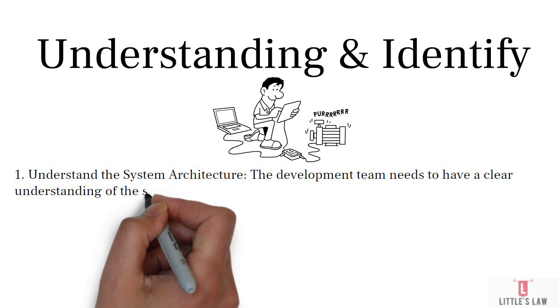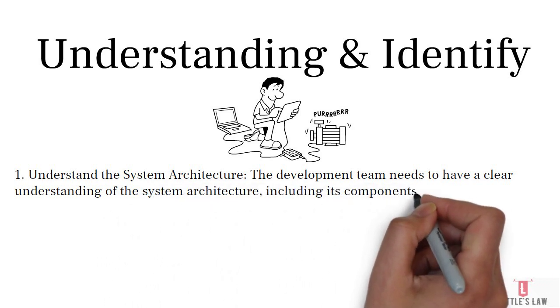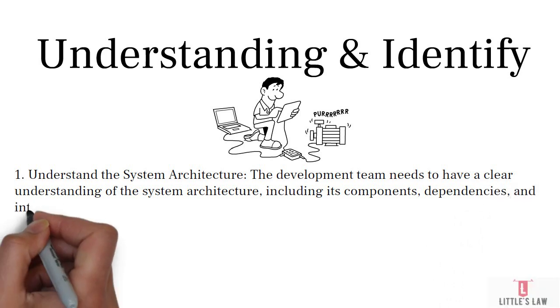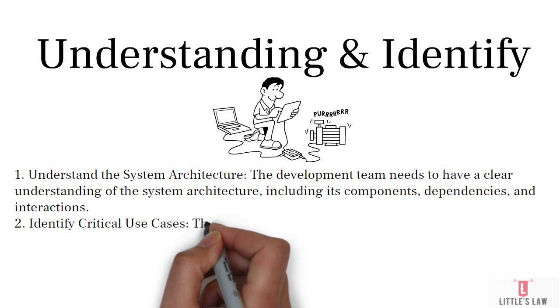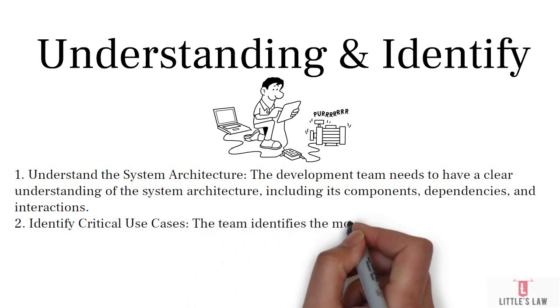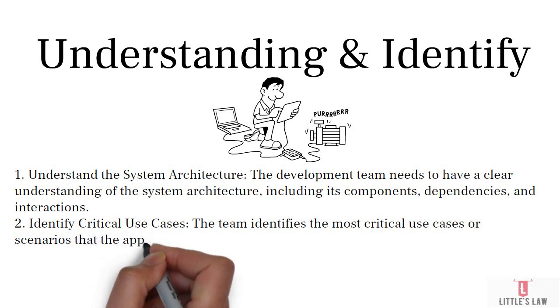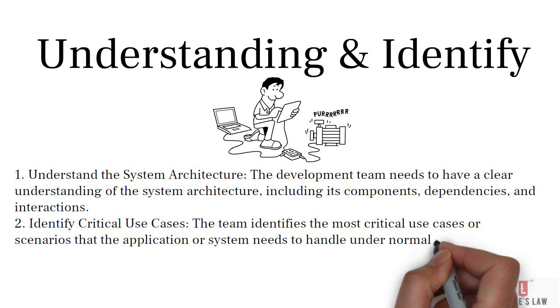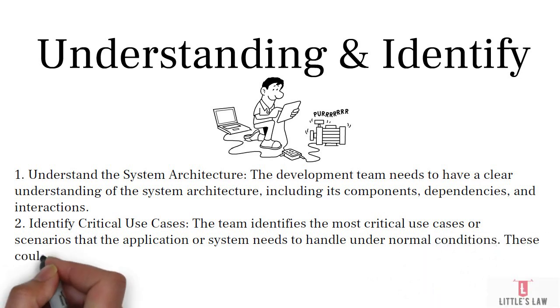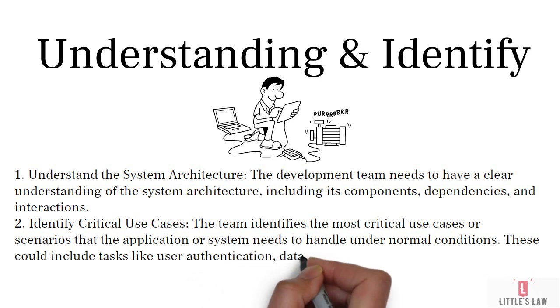So when it comes to understanding, let me give you an example. The development team and the performance testing team should thoroughly understand the architecture of the website. For example, your application can be an e-commerce website or any other domain website. It should include its front-end components like the web servers and browsers, and the back-end components like the application servers, the databases, and any other third-party integrations, like a payment gateway or an inventory management system.